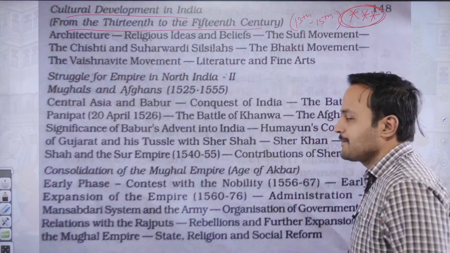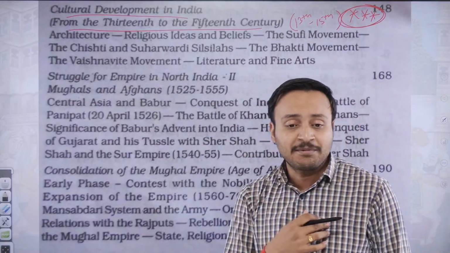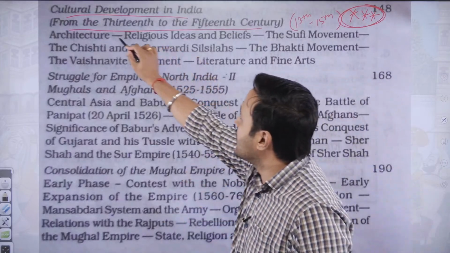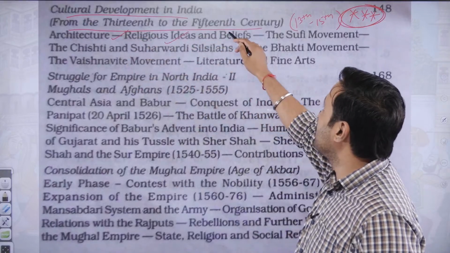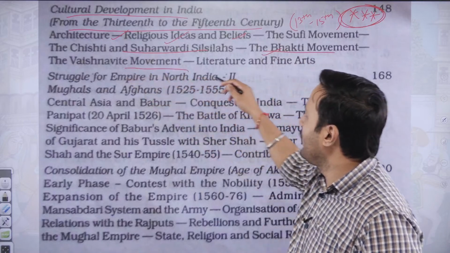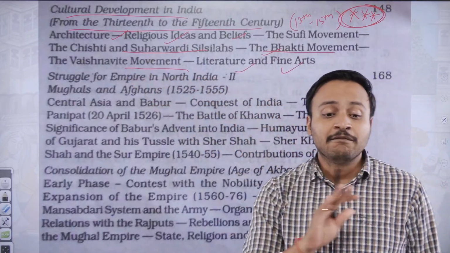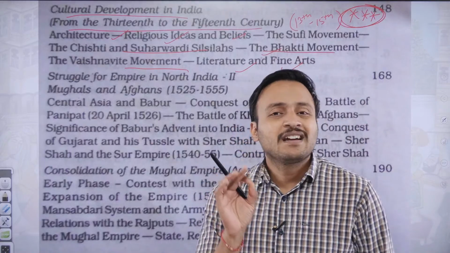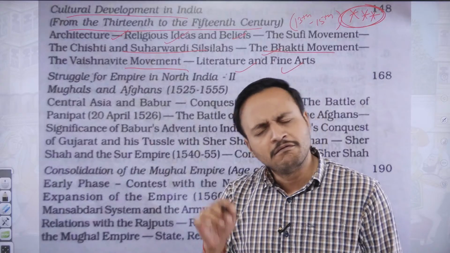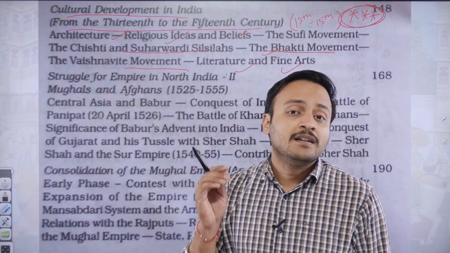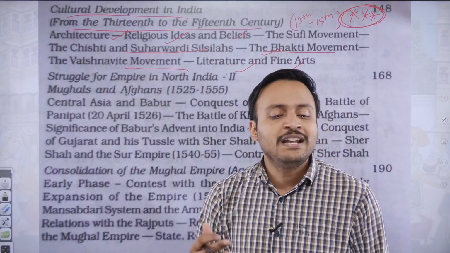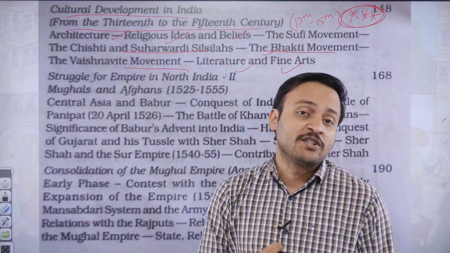Why? Because it includes art and architecture, religious ideas and belief, the Sufi and Bhakti movements, the Vaishnavite movement, literature, arts, everything related to medieval culture. Probably one of the most important chapters in medieval India, where we will take 2 to 3 lectures to cover it. It is that important.